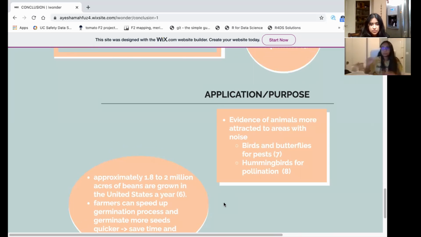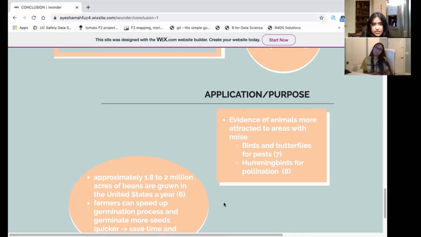Okay, and then some more indirect applications. A pretty cool thing is that we were talking about how frequency affects plants, but there are also effects of frequency on animals. The biggest one is that at different frequencies, animals are actually attracted and want to go towards that sound.